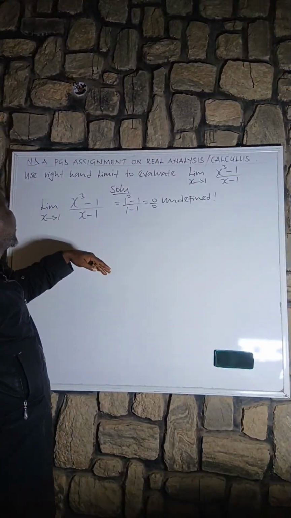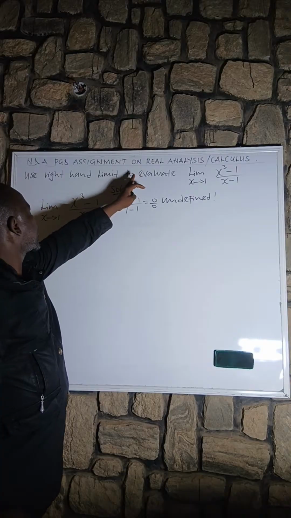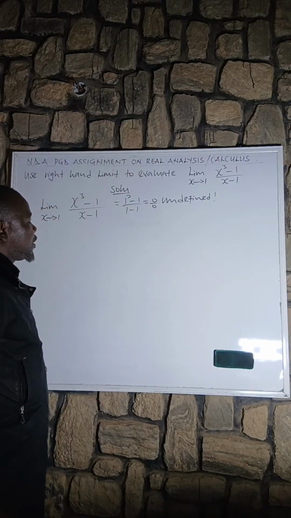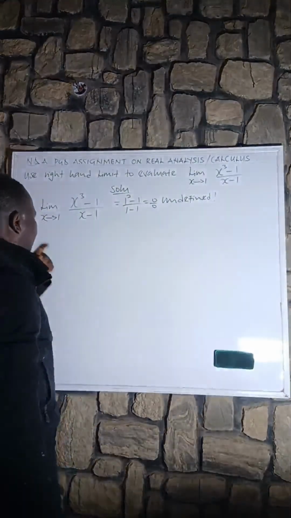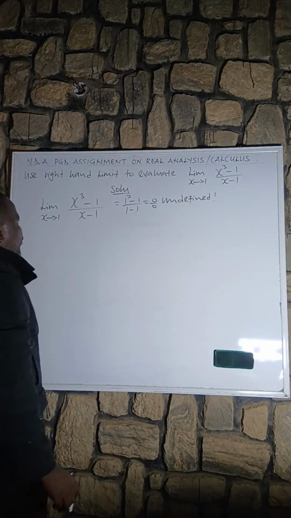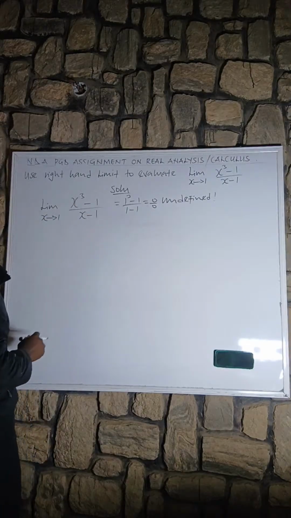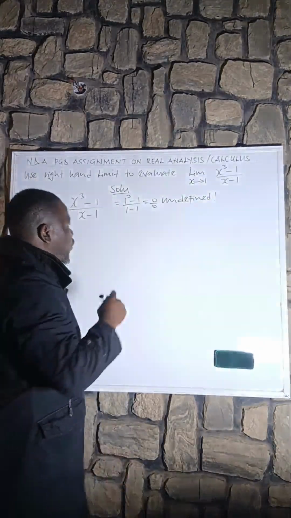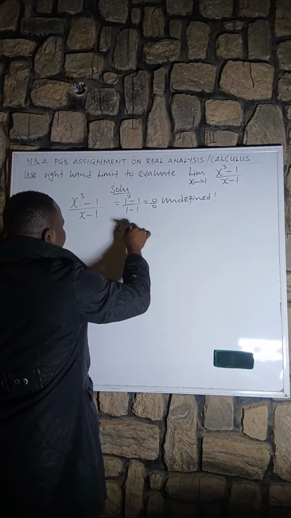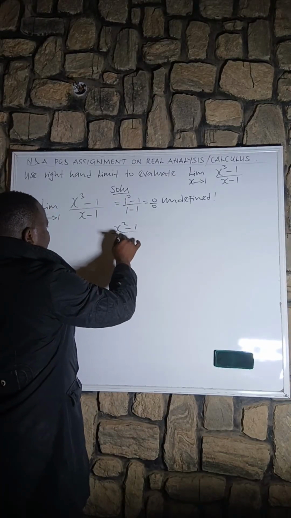But the limit does not want it this way, and at the same time we are to use right limits to evaluate this. So what you are going to do is consider the numerator. Assuming we have x squared minus 1, how are we going to factor this?